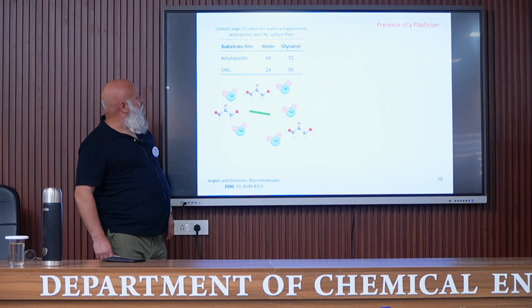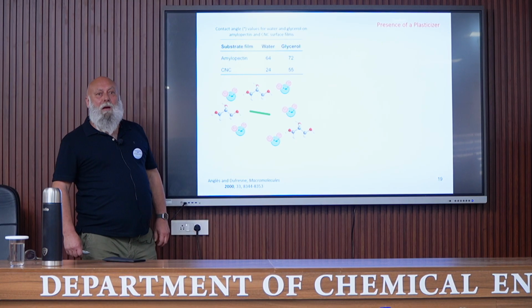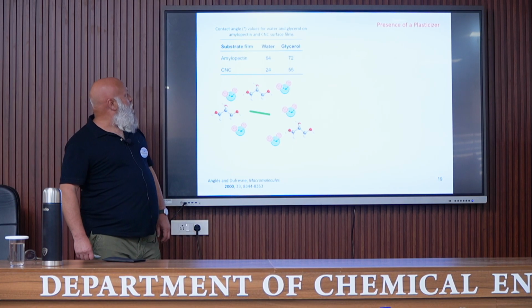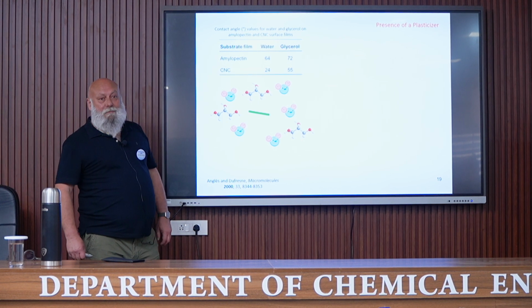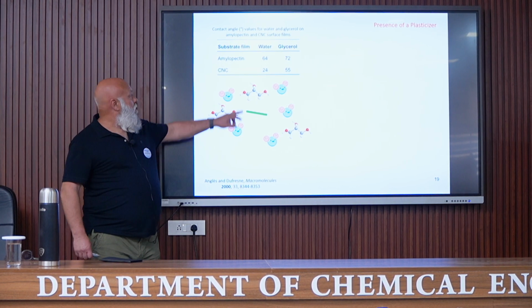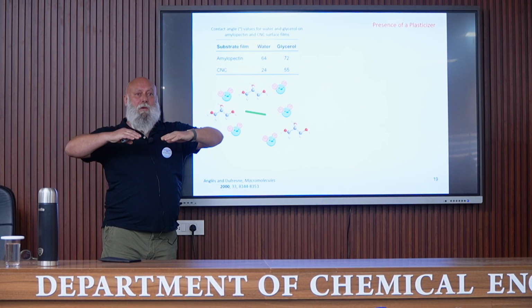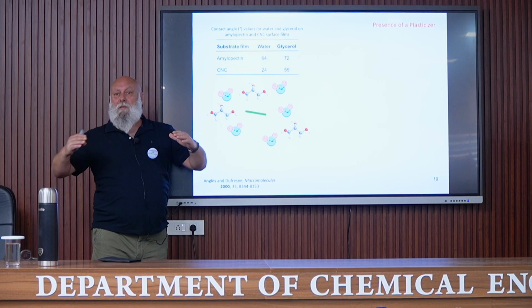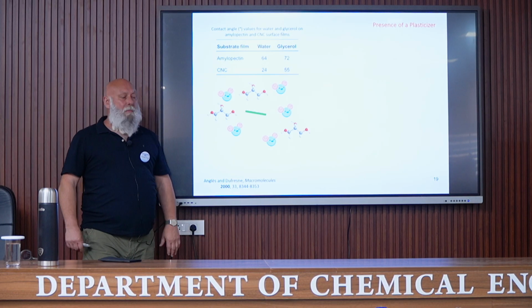For which solid surface do the two liquids have a better affinity? Is it cellulose or starch? Cellulose. Because when the contact angle decreases, it means that the affinity of the liquid for the solid is higher.